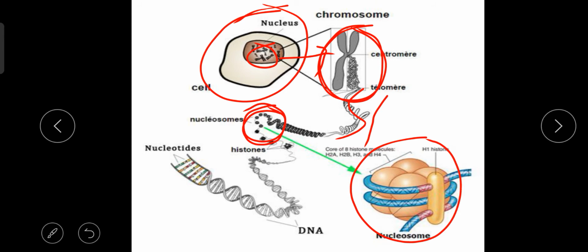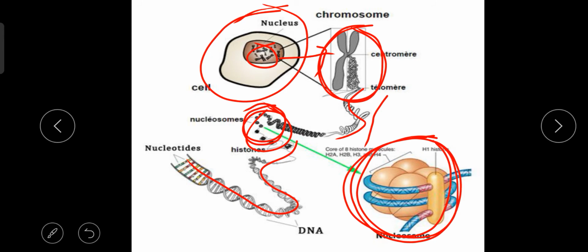And what is a nucleosome? A nucleosome is a structure composed of DNA helix and histone protein. This is the DNA wrapping around the histone proteins like this. All these black dots are nothing but this type of nucleosome under the electron microscope.